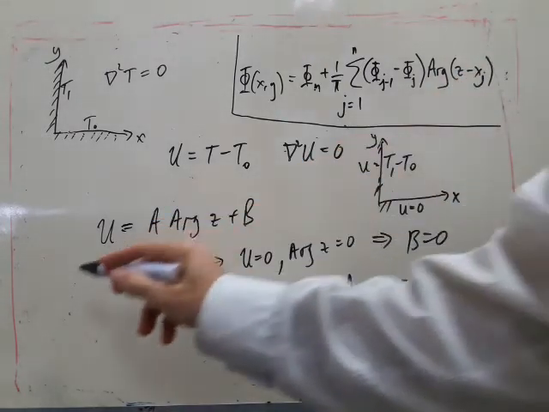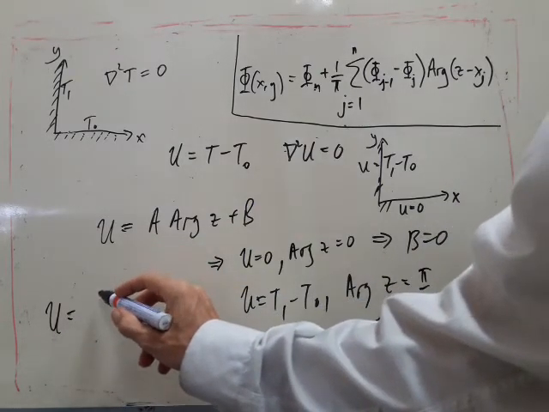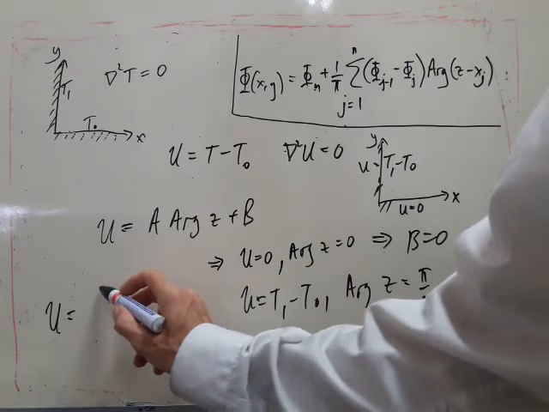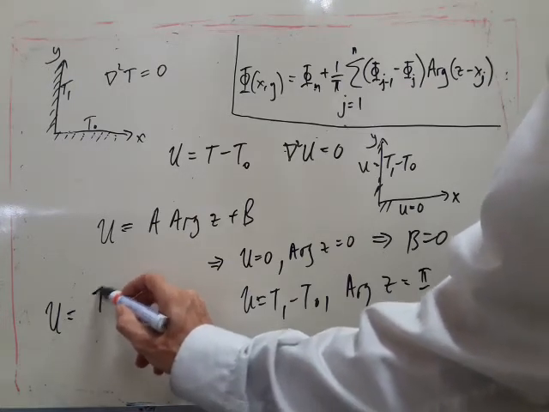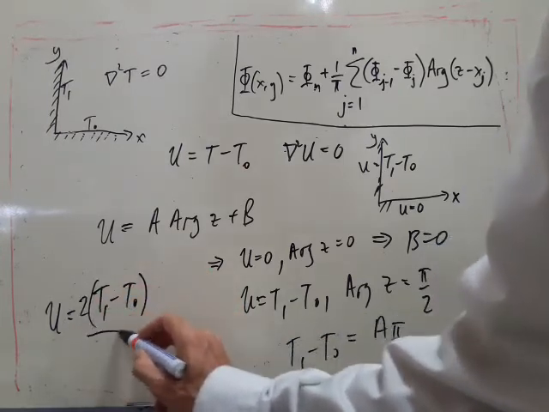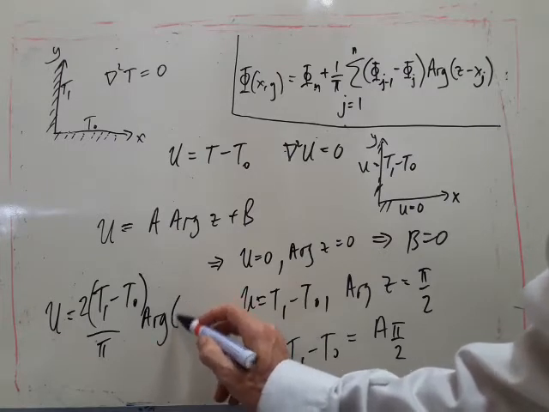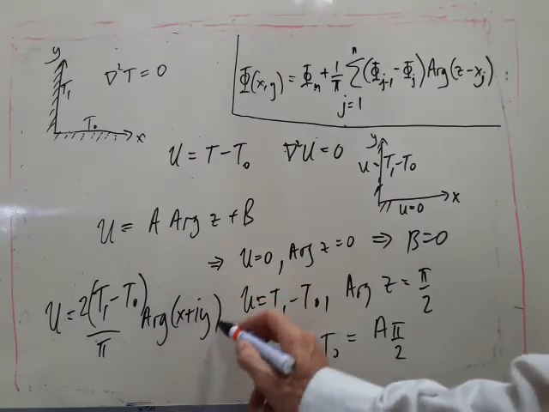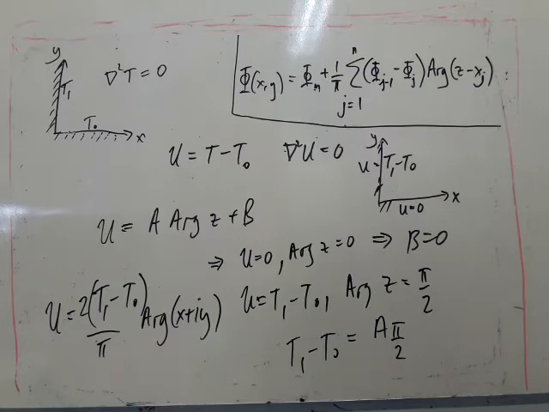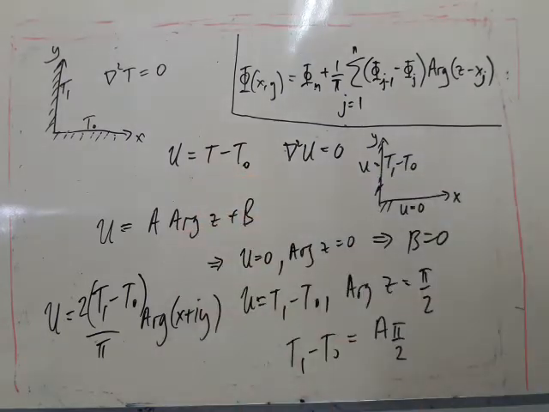So that means we've got as our u equal to (T1 minus T0) times 2 over pi times arg (x plus iy). And to get back T is just this plus T0.